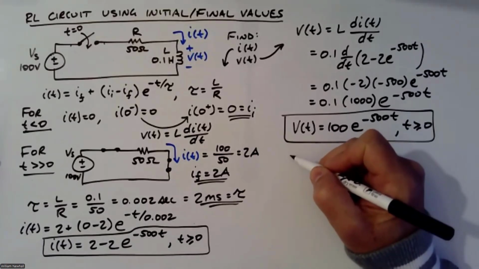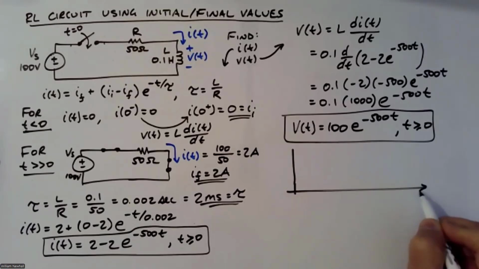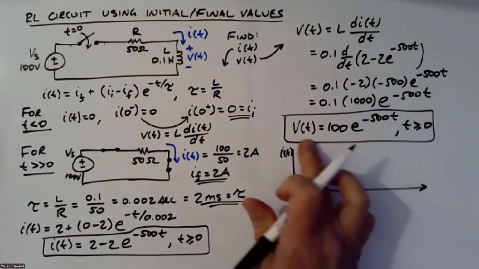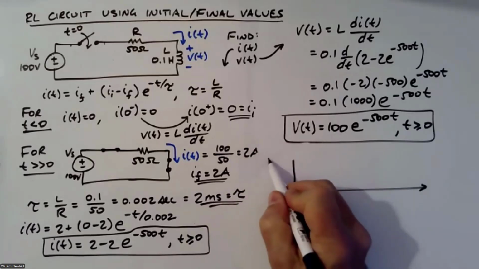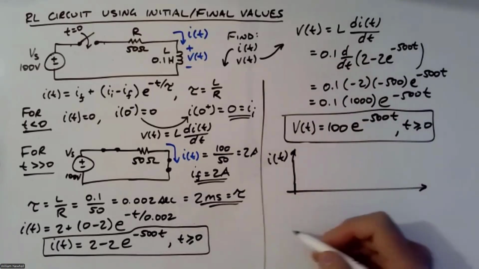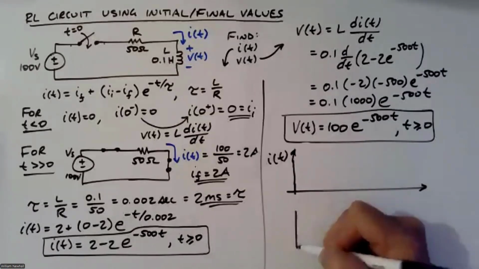Let me point out something here. If we plot I of t versus time, that says I of t, I of t versus time, and we plot V of t versus time.